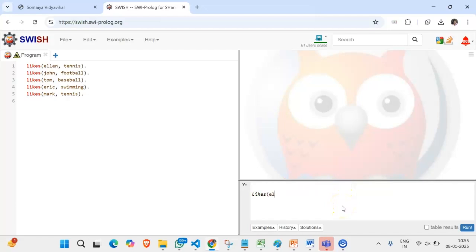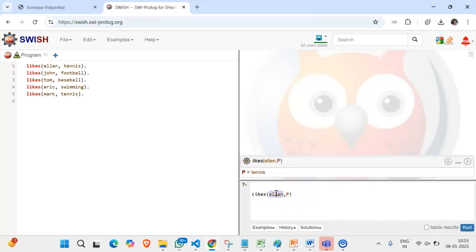How about I want to know all the interests of Ellen. This is the way I write the query. Any capital letter would be taken as a variable, and for that I would get the statement, click on run, and then P tennis is the only answer I have.